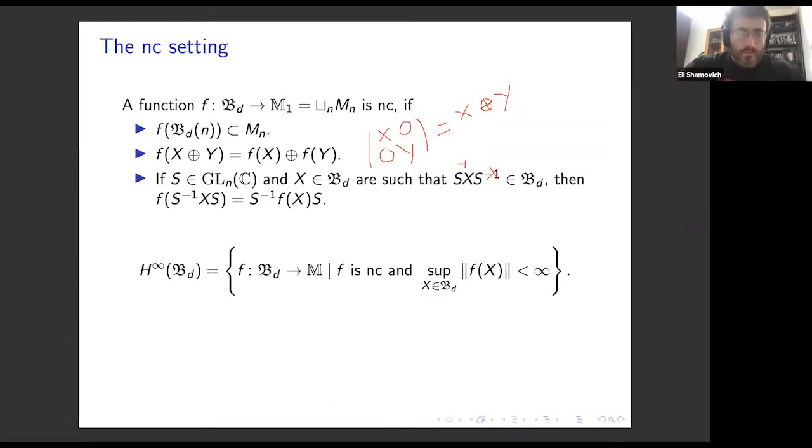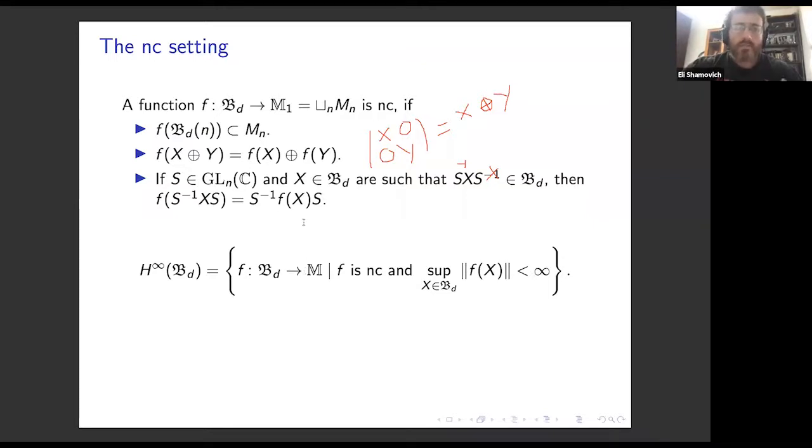In general, these functions need not be analytic, but there are mild conditions that make them analytic, for example, a certain flavor of local boundedness. These functions somehow arose independently in many ways from different directions: in Taylor's work, in Takesaki's work, and in Voiculescu's work.